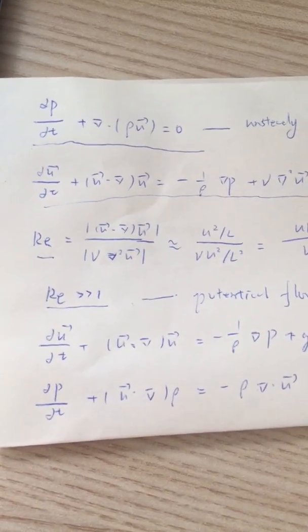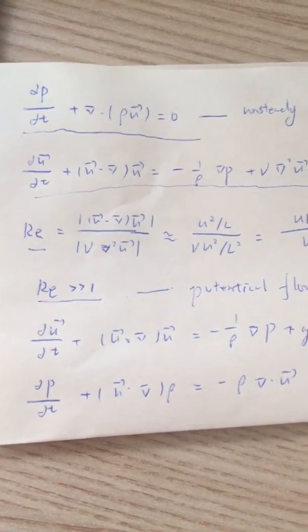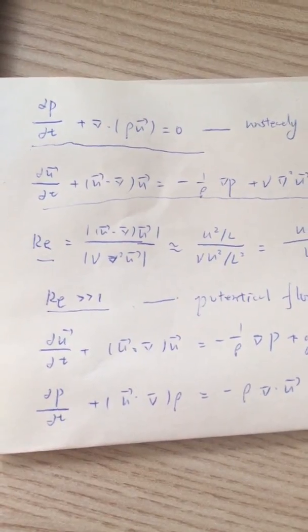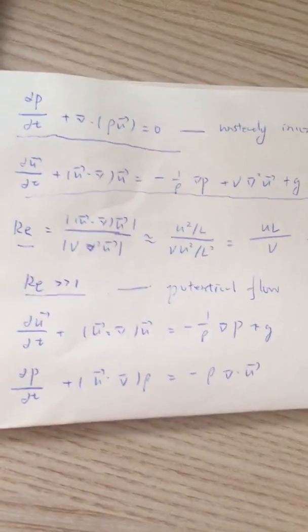Therefore, leaving out the viscous terms, we obtain the following equations for unsteady incompressible potential flow.